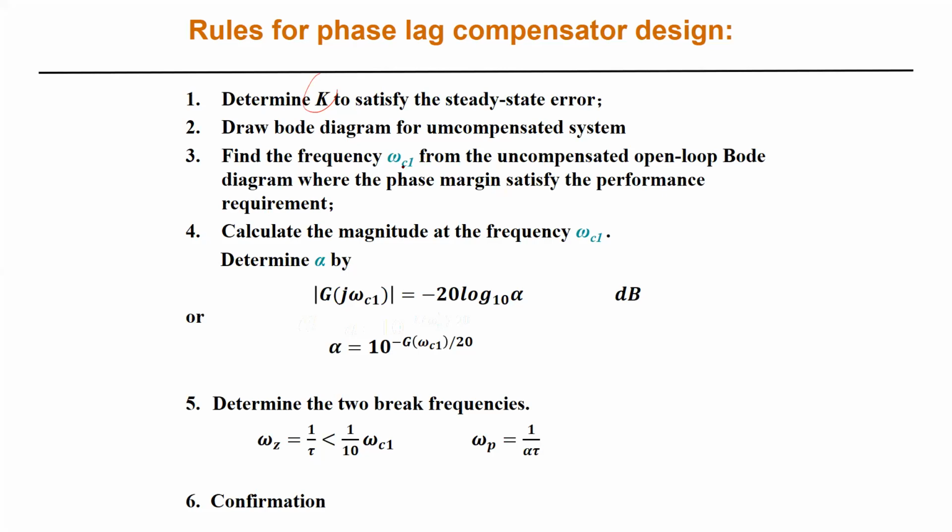Find the crossover frequency from the uncompensated system open loop Bode diagram where the phase margin is satisfied from the graph of the uncompensated system. Calculate the magnitude at this frequency, then find alpha. Alpha equal to, this is the magnitude, minus 20 log alpha. So alpha you can find from here.